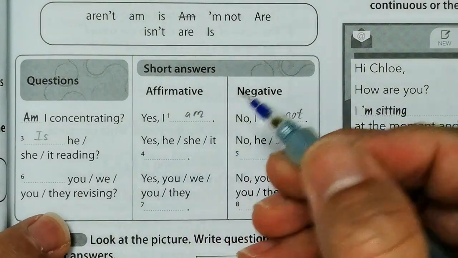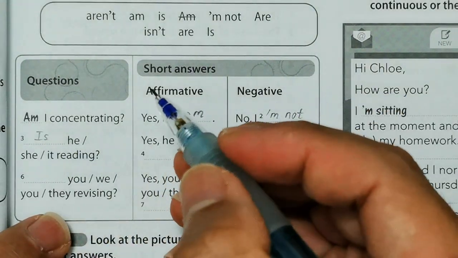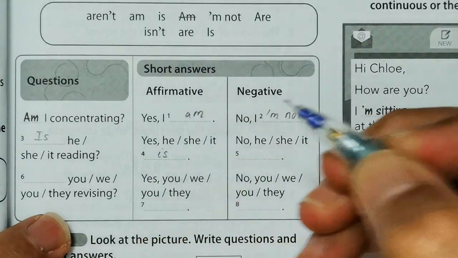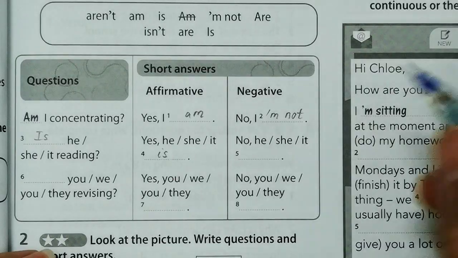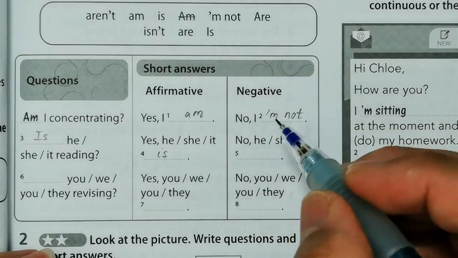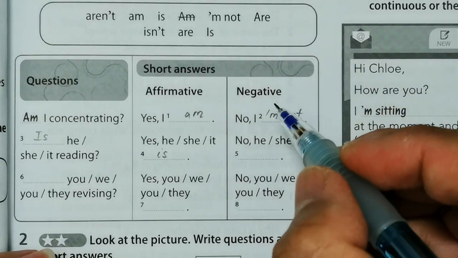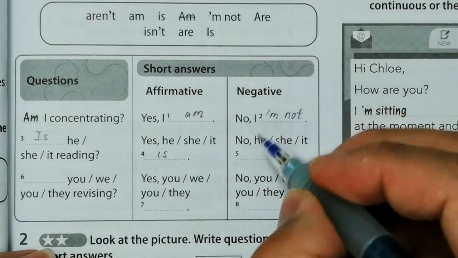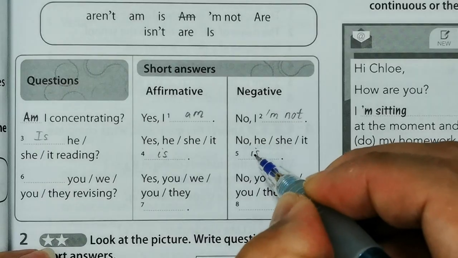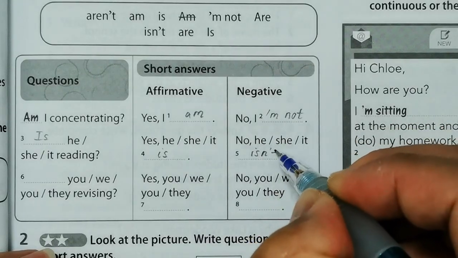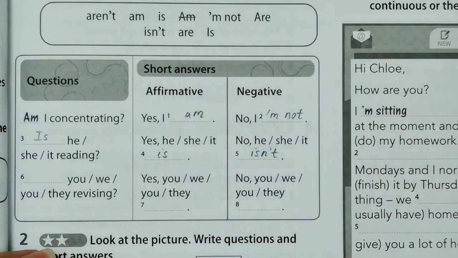So yes, you just invert these 2 words here. So he is for the affirmative form. For negative answers, so no, he isn't. So we have this is with no spacing, and then apostrophe t. So no, he isn't, no, she isn't, no, it isn't.